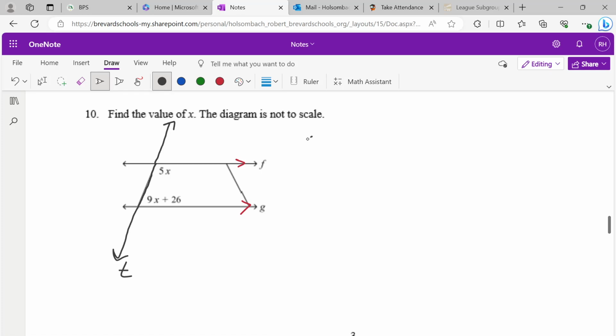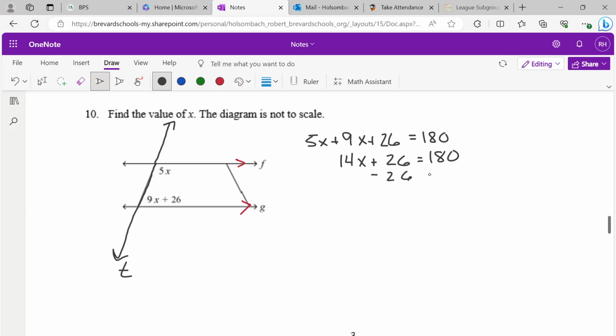So 5x plus 9x plus 36 is equal to 180. 26. All right, so we got 14x plus 26 that equals 180.